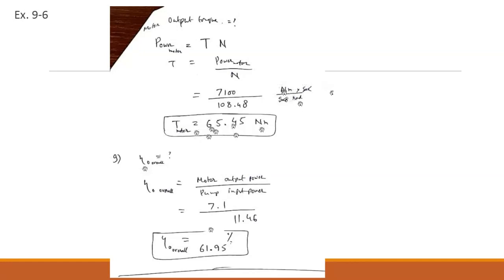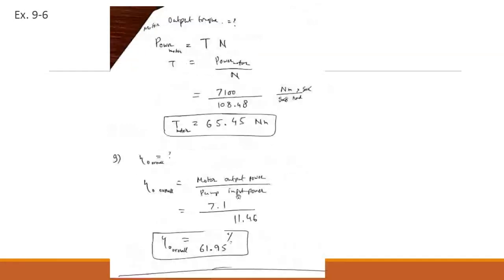Now the last thing, which is very interesting, and this is what I want your attention on, is I want to find the overall efficiency of the entire system, not the equipment like hydraulic pump or hydraulic motor, but the entire system. So in that case, if you see the statement, you'll see that motor output power, which is the power produced by the hydraulic motor, and power input to the pump.